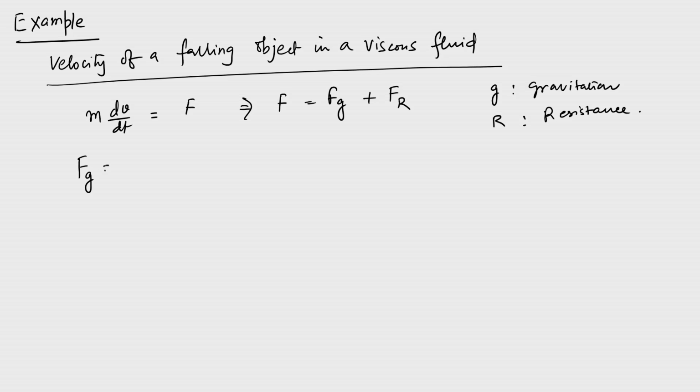So, F_g equals m g, F_r equals minus alpha v.